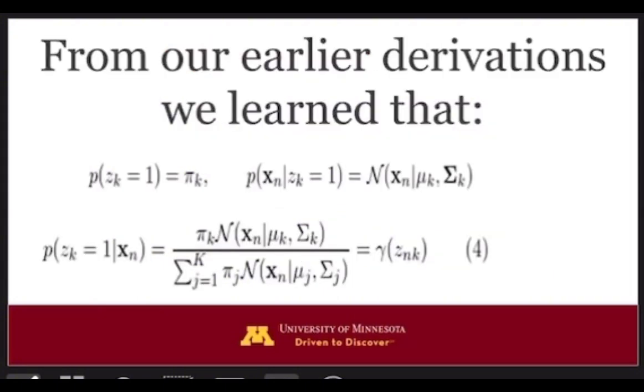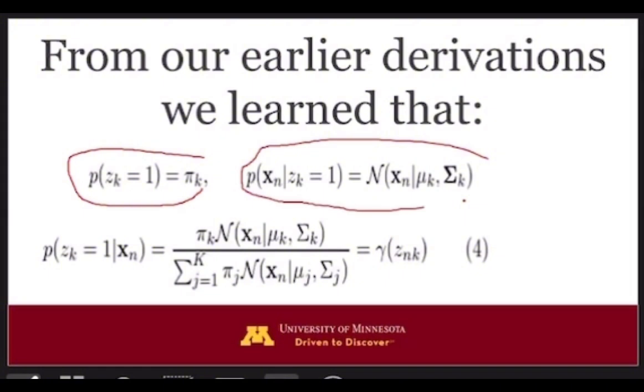Finally, using the fact that the probability of z_k equal to 1 equals pi k, and the conditional probability, if I observe a latent variable equal to 1, of xn belonging to a particular cluster, what I'm trying to say is that it follows a normal distribution, a multivariate Gaussian distribution, as you can see.